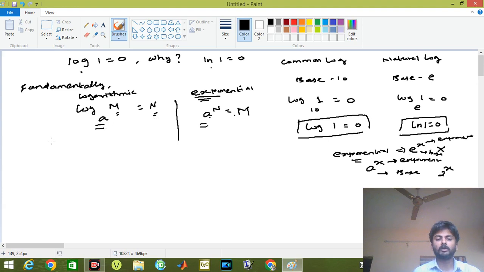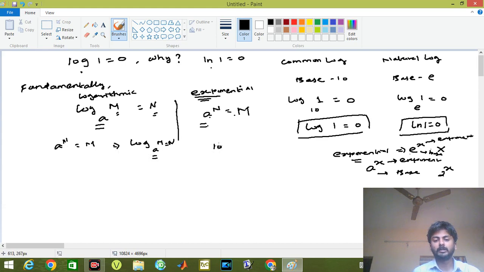So if I take this exponential form a power n equal to m, I will have the equivalent logarithmic form as log m to the base a equal to n. This a should be our base.